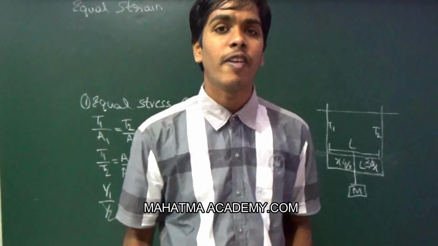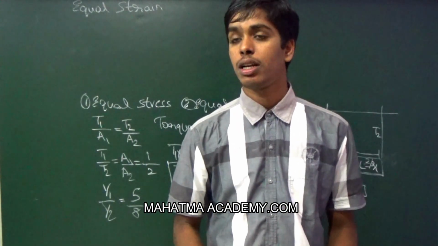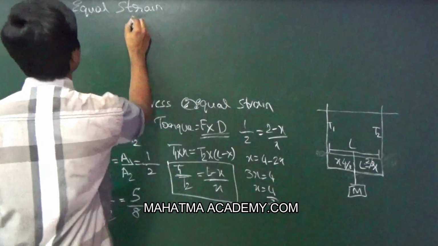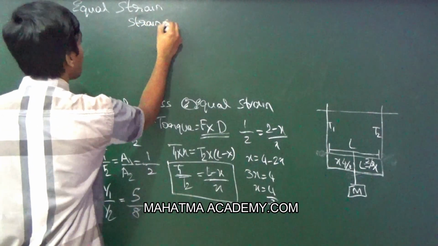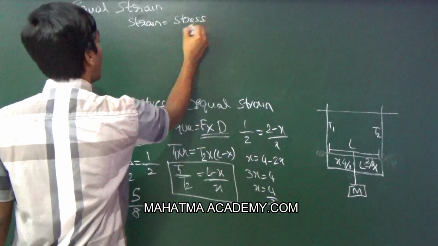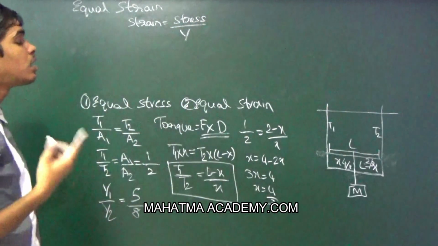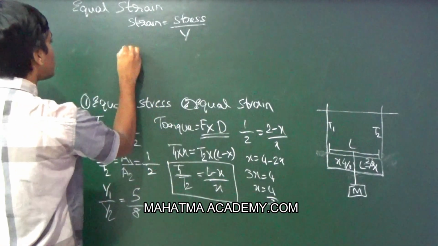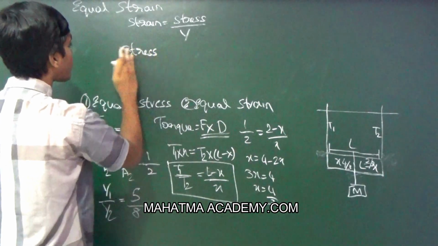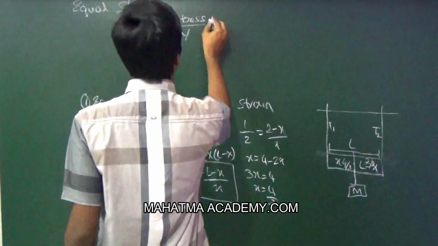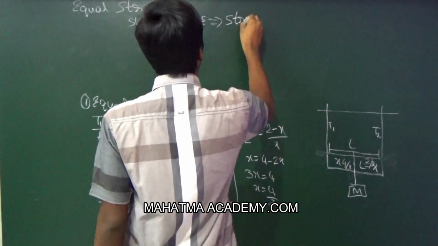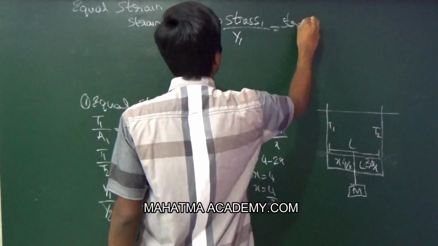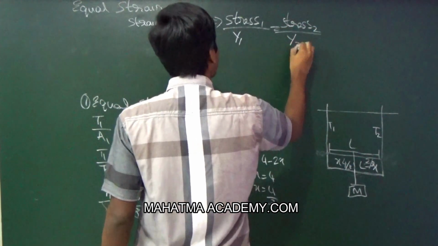First, what is the formula of Y? Y is equal to stress upon strain. So strain is equal to stress upon Y. Now we want the strains to become equal. So stress 1 by Y1 is equal to stress 2 upon Y2.